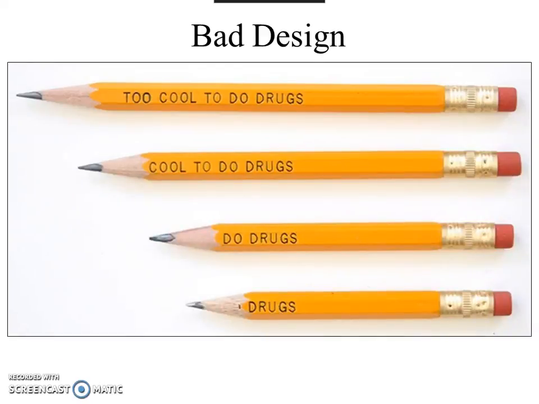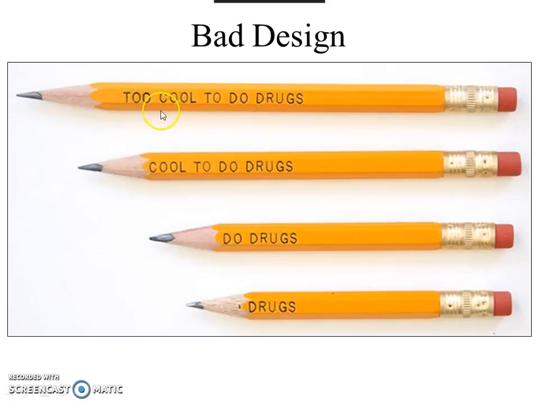And oh, I couldn't resist one more bad design. So this actually happened in a school district that was trying to help kids say no to drugs. So these are pencils, and the pencils were handed to the students with these words kind of engraved on them: "Too cool to do drugs," right? Which sends a great message. Again, this is a situation where the designers did not think about how the end users would ultimately use the pencils.